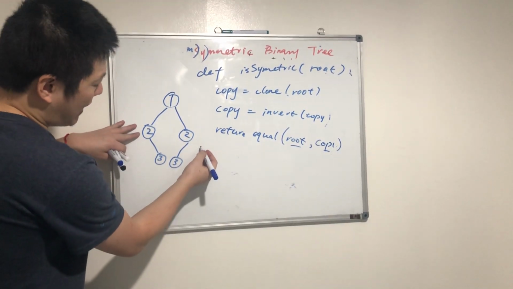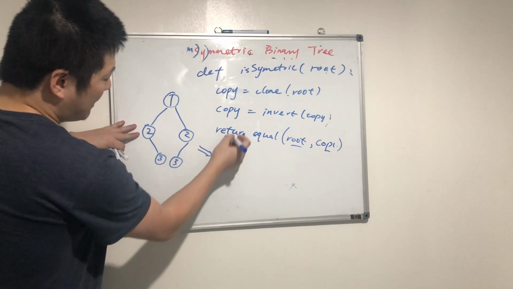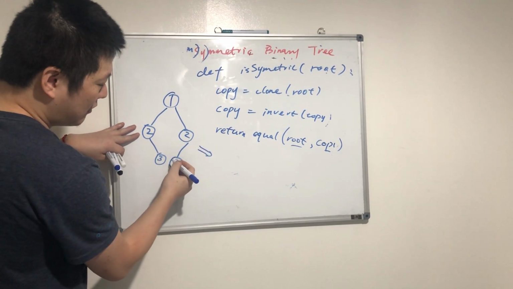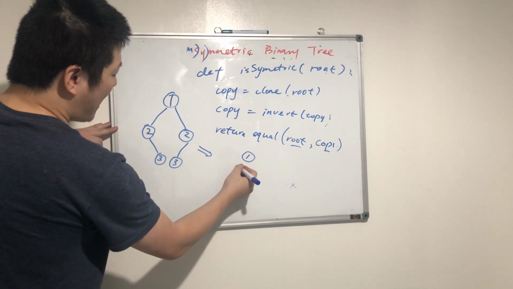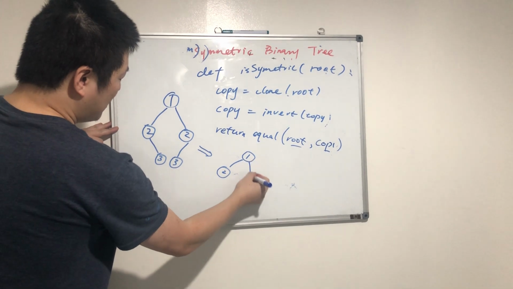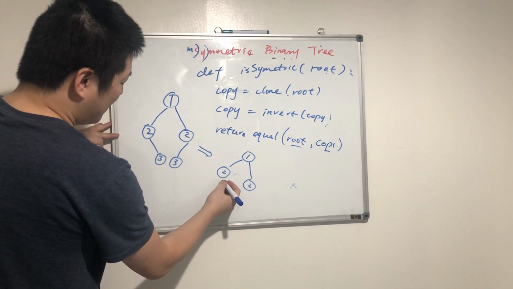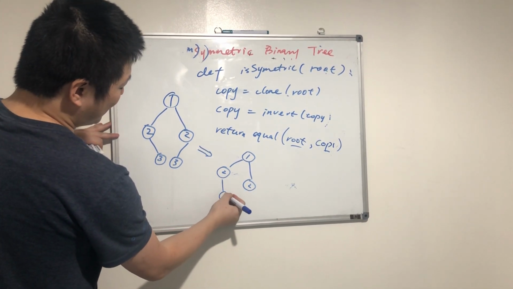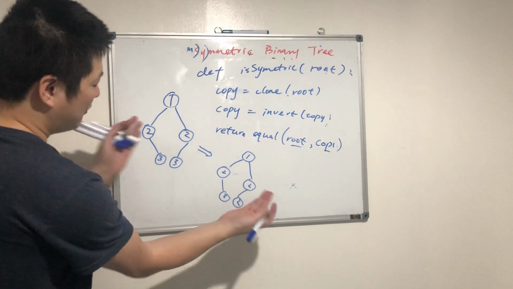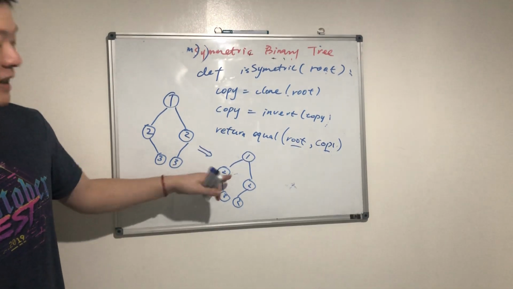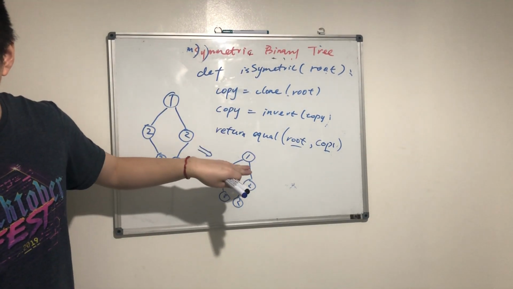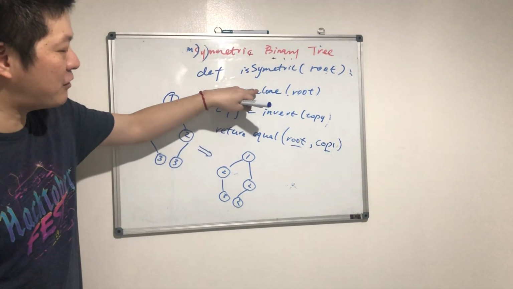If this is the root, we make a copy and then we invert this. What's the inverted version? It will be 1, 2, and then what? It will be the same as this one, yeah? Exactly. Then you check if these two are the same. If the same, it's equal, it's symmetric. Got it? Do we have to clone it?